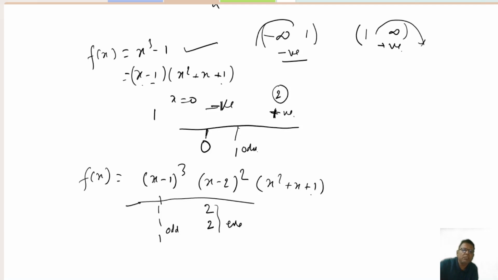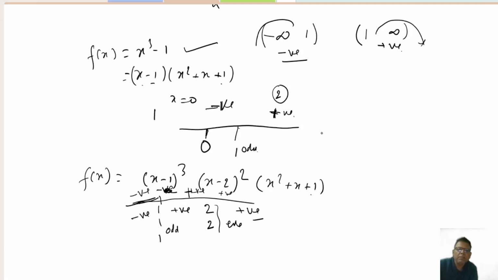Putting x equal to 0, (minus 1) cube is negative, (minus 2) square is positive, and the last factor is positive, so the total is negative here. Crossing 1, which is odd, it becomes positive. Crossing 2, which is even, it stays positive.